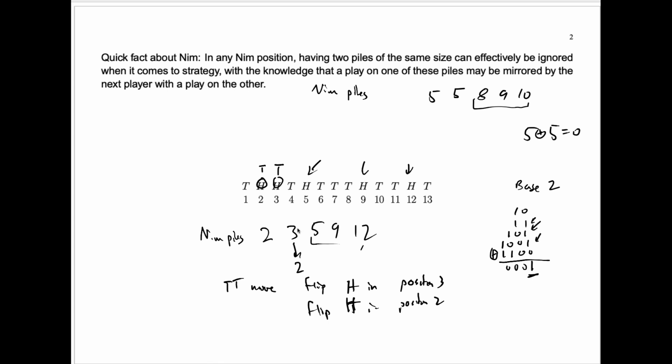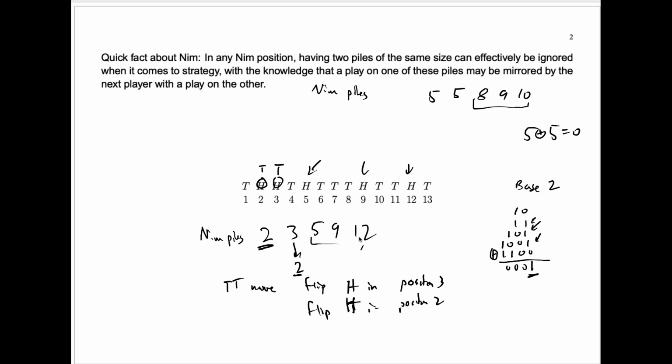Whereas the correct nim move was just take 1 from the 3 and make it a 2. But you'll notice that what we have left after the correct nim move has 2 2s, a 5, 9, and 12. And we've already explained that having 2 2s is really functionally equivalent to just ignoring those 2 2s entirely and just looking at the 5, 9, and 12.